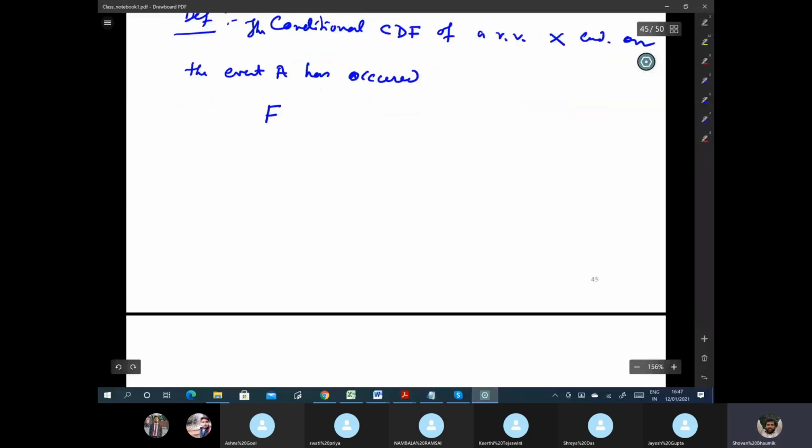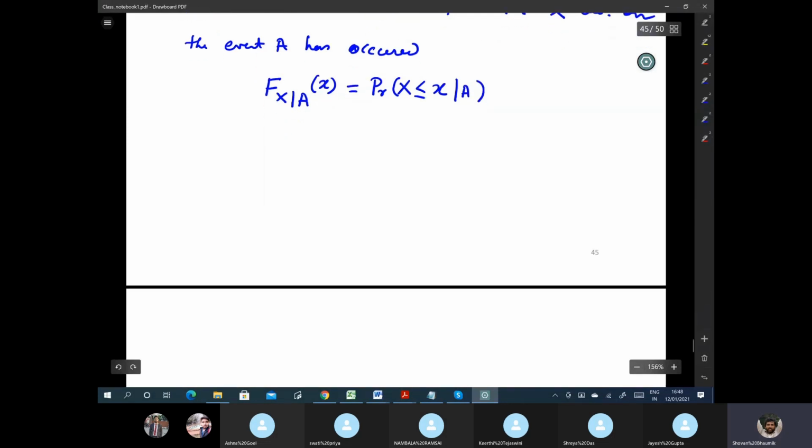F is the CDF of X given A has already occurred, at the point small x, will be equal to the probability of capital X less than or equal to small x given that event A has occurred.